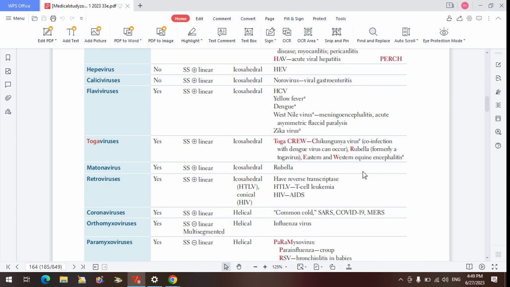So once you see somebody having fever, having post-auricular lymphadenopathy, a very fine maculopapular rash starting from the head, moving downwards, with arthralgia, that is rubella that they are trying to make you see.